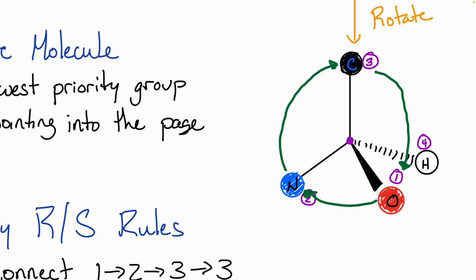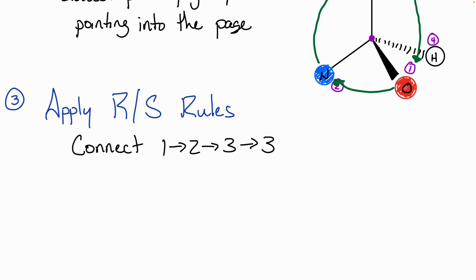Okay, and I'm going to look: did I draw my arrows in a clockwise direction or a counterclockwise direction? In this case, which way are we going, clockwise or counterclockwise? So that's clockwise. All right, so connect 1 to 2, 2 to 3, 3 to 1, not back to 3, that doesn't make any sense. 3 to 1.